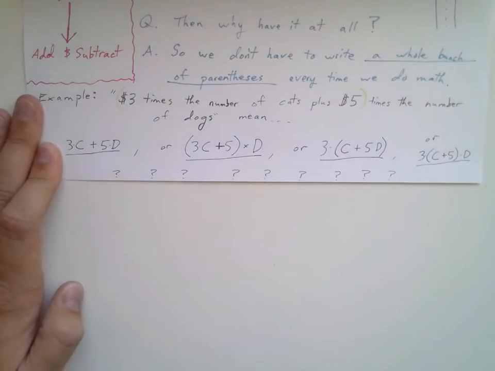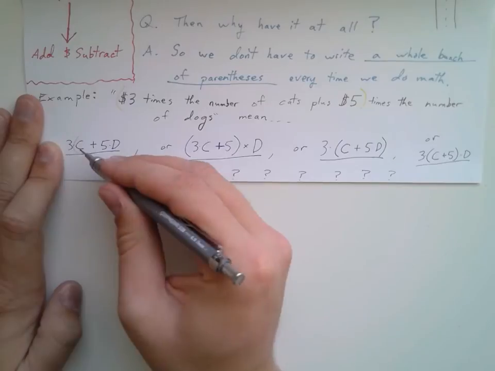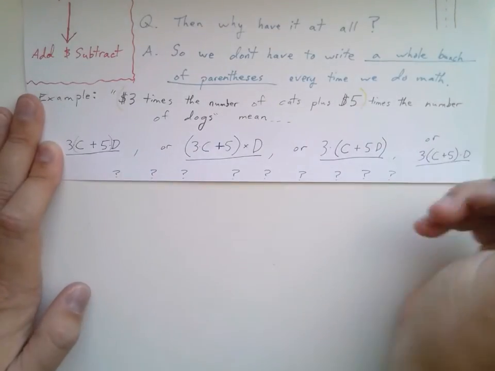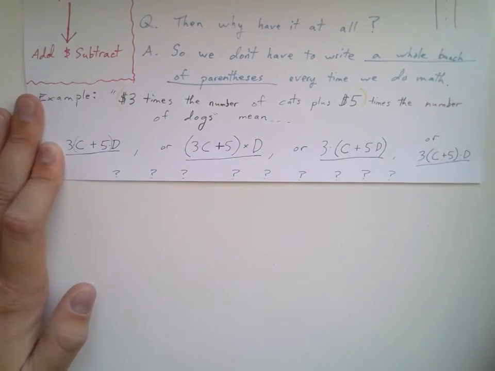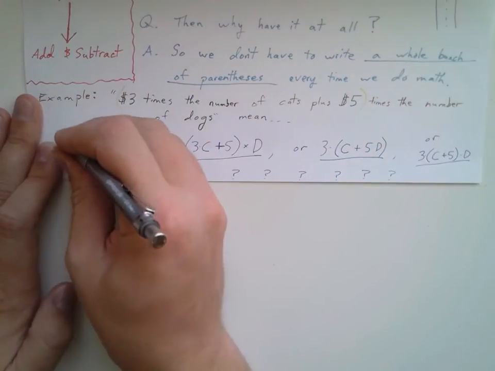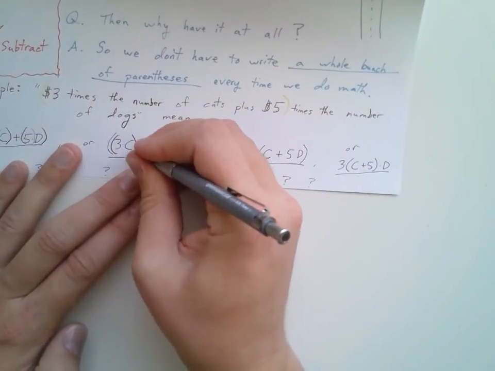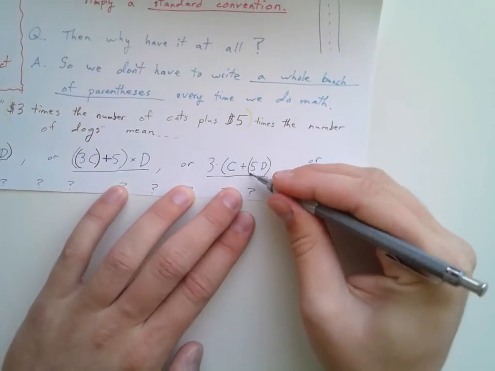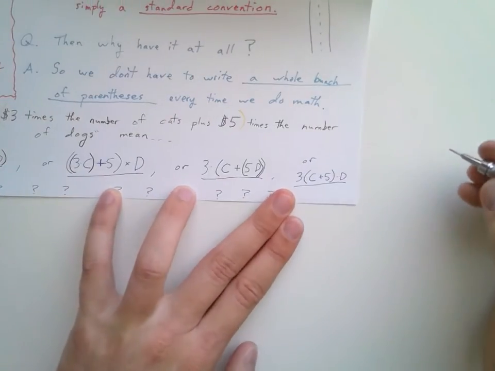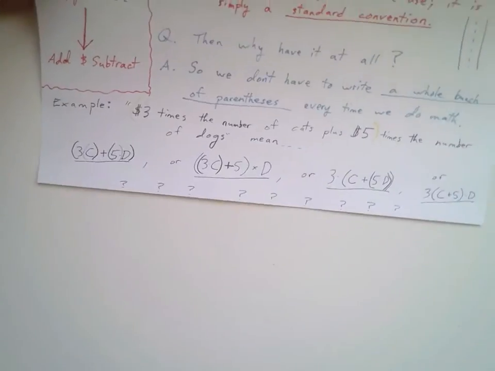And if we wanted to say add the c plus 5 before you do the other things, we'd put a parentheses to note it. So if we didn't have this, we'd have to put parentheses on every single piece like this. Okay, and that would be just a whole bunch of extra writing.